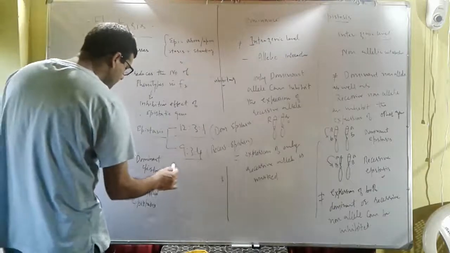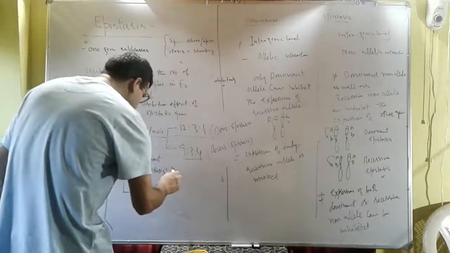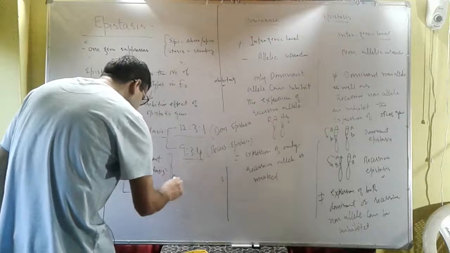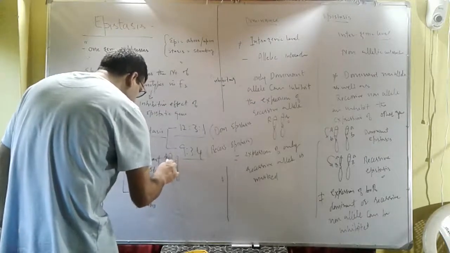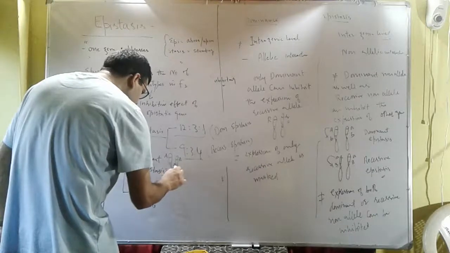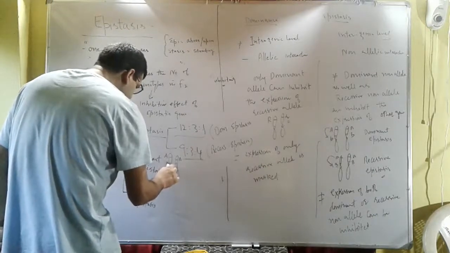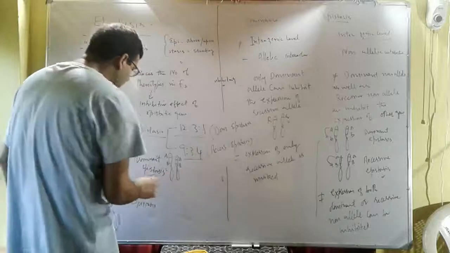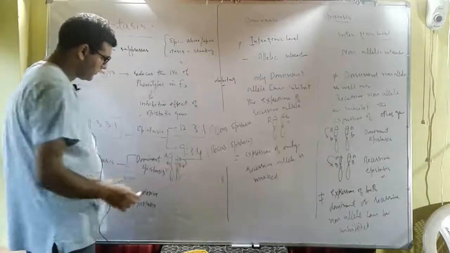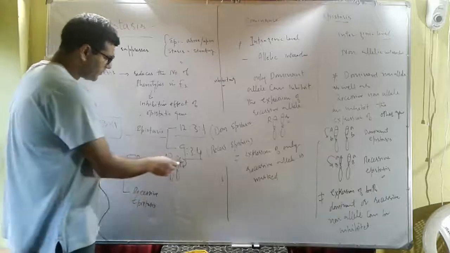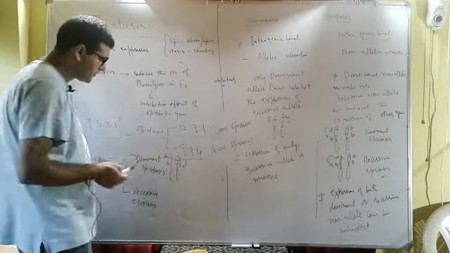In case of dominant epistasis, the dominant allele inhibits the expression of the other gene.